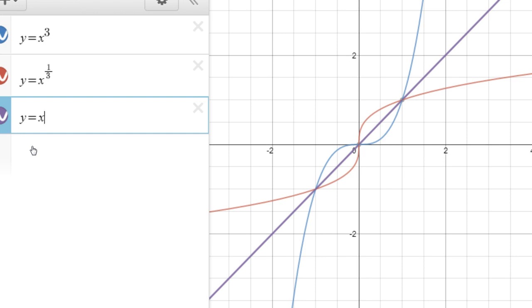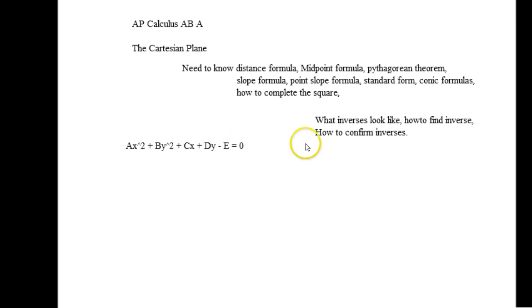So inverses, when you graph them, make this beautiful picture that just works this way. So what do the inverses look like? They look like that. How to find the inverse is going to take a little bit more thought process.